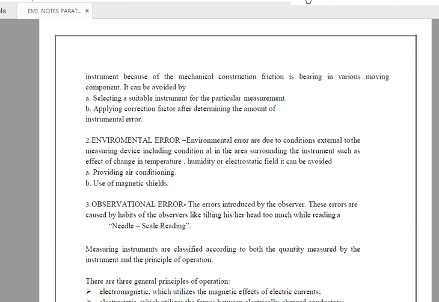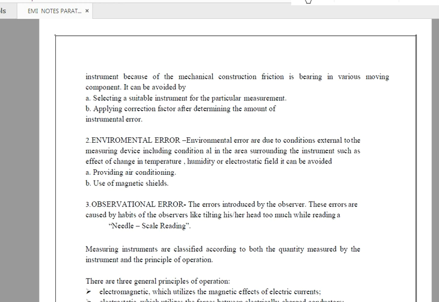Environmental errors are due to the conditions of environmental factors or external factors to the measuring devices, which include all the conditions in the area surrounding the instrument, such as the effect of change in temperature, humidity, and electrostatic field.